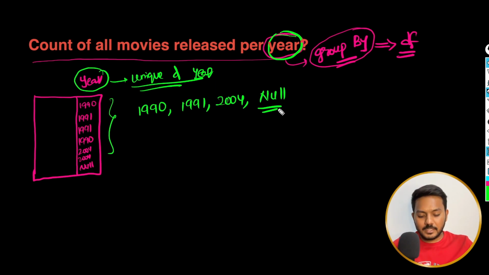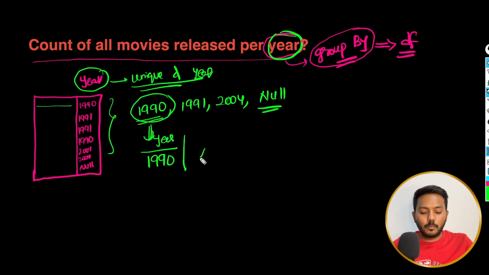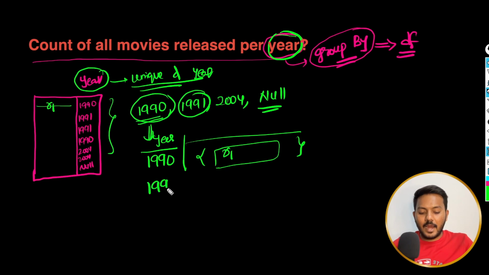The next step is it will check how many records are present for the value 1990. So it will create a set. Let's assume it like this: year and all the group by values. Let's say this is row 1, so it will accumulate here all the information about row 1. Next we have 1991, and here it will accumulate all the records present for 1991, so let's say row 2 and row 3.